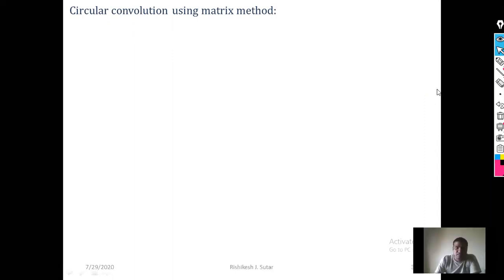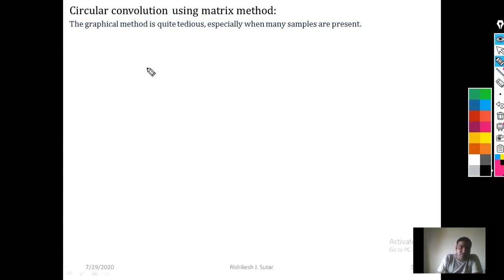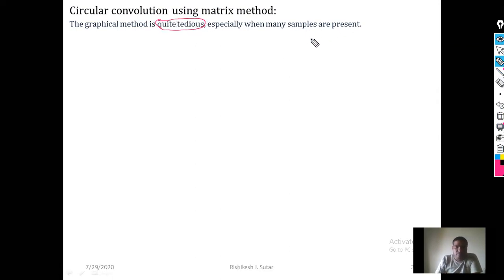The reason is that the graphical method we saw in the previous session is somewhat tedious. If there are many samples, the graphical method becomes a little bit complicated. So for that purpose, we now go towards the next method, that is the matrix method.